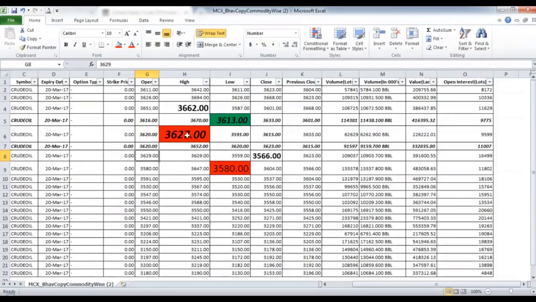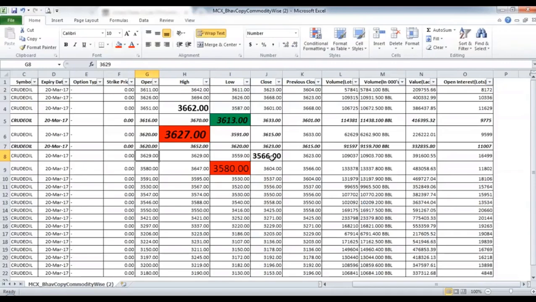It tried breaking 3627, right? Maybe you took a short position over there or whatever, but when it went above 3627, from there it straight away came down and it went to 3566, right? A 50 rupee trade, more than 50 rupee trade, done, over.